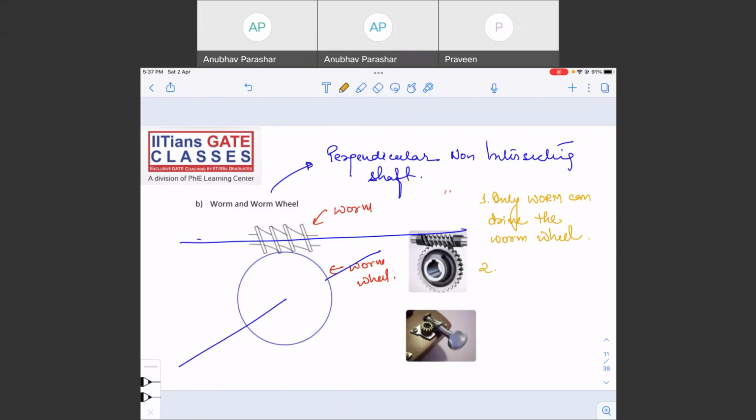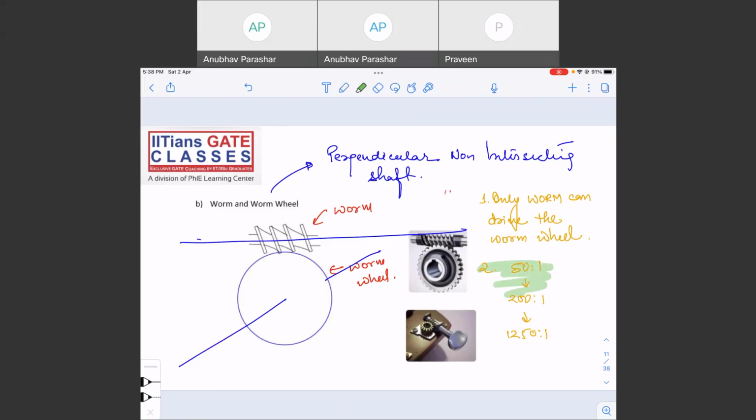The speed ratio that can be achieved is 50:1. Then with slight improvement, it went up to somewhere around 200:1. Then with more improvement, the speed ratio increased to 1250:1. Now even worm wheels with a speed ratio of 1250:1 are possible. So this is a very, very high speed ratio.